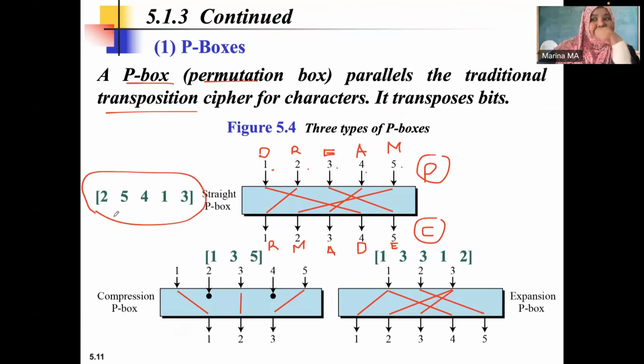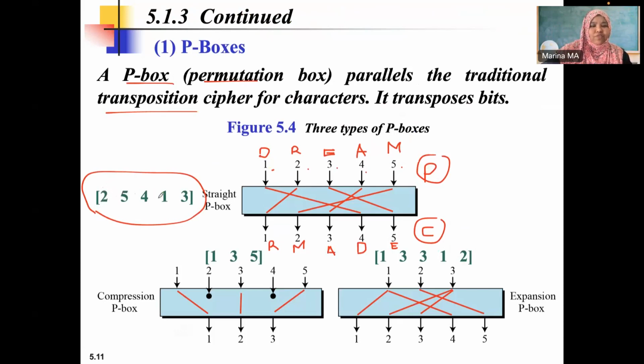What this means is, the digit here, the number here, 2.